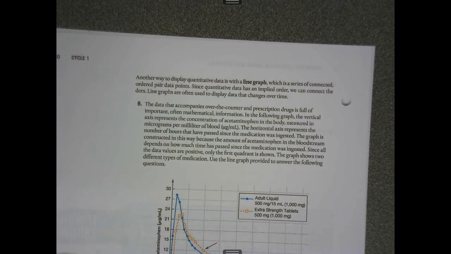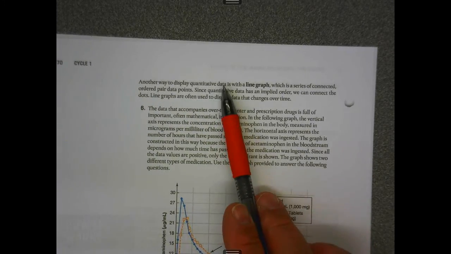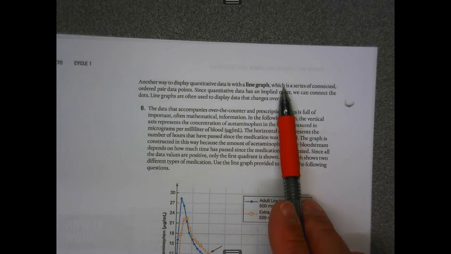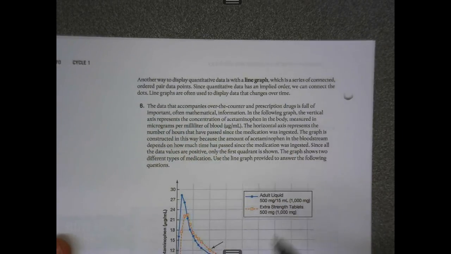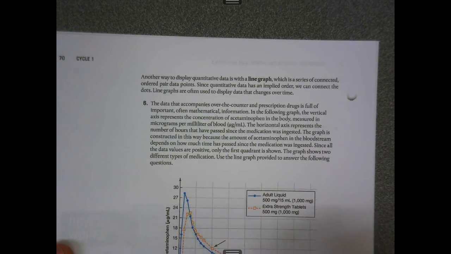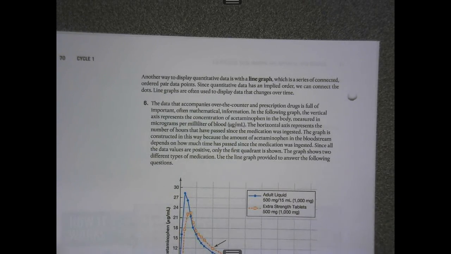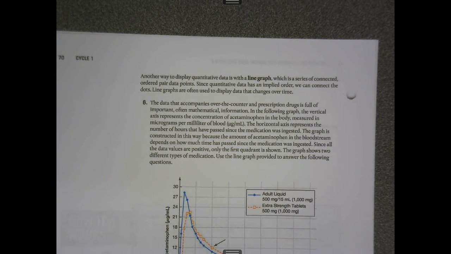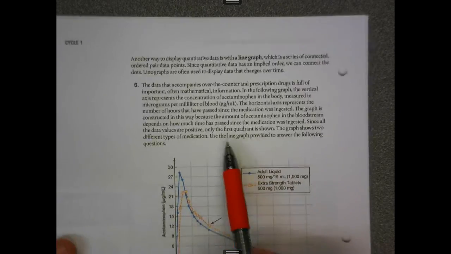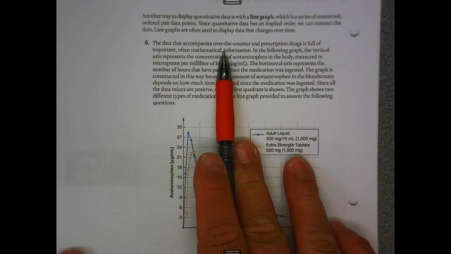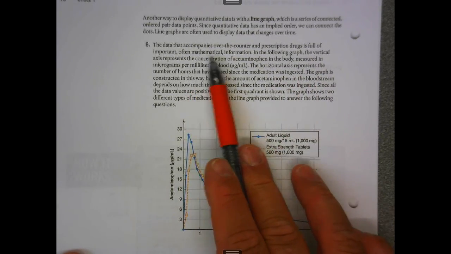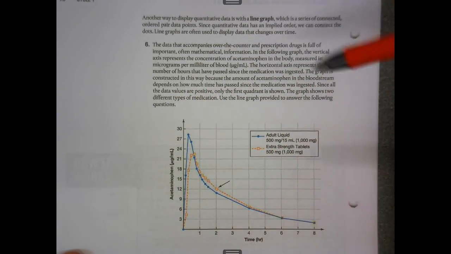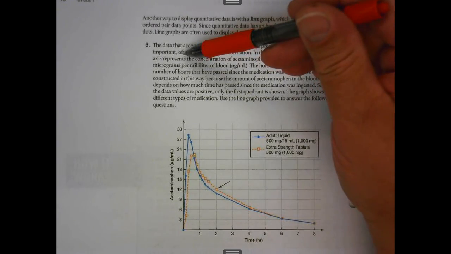The data that accompanies over-the-counter prescription drugs is full of important, often mathematical information. In the following graph, the vertical axis represents the concentration of acetaminophen in the body, measured in micrograms per milliliter of blood, mg per ml. The horizontal axis represents the number of hours.